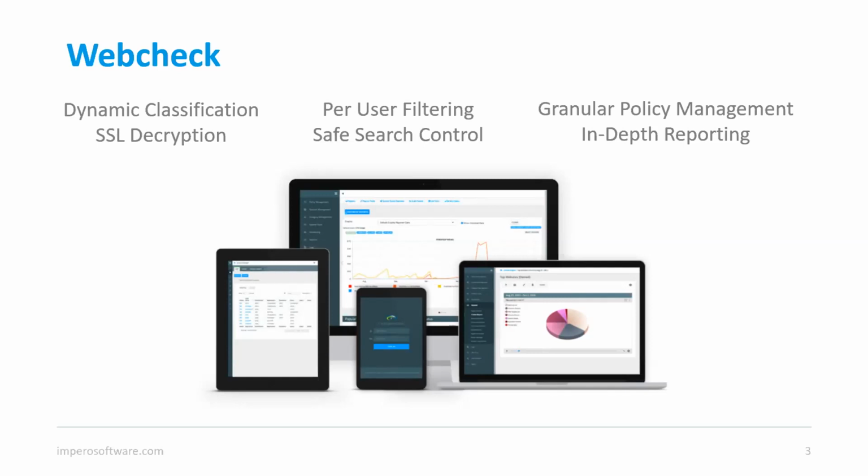We use AI-powered instant categorization. Within a couple of seconds, if a URL comes in, a student tries to access it, and it's not already been categorized as adult content or safe for student consumption, then we are going to categorize that before presenting it to the student. Webcheck categorizes millions upon millions of websites on a daily basis.